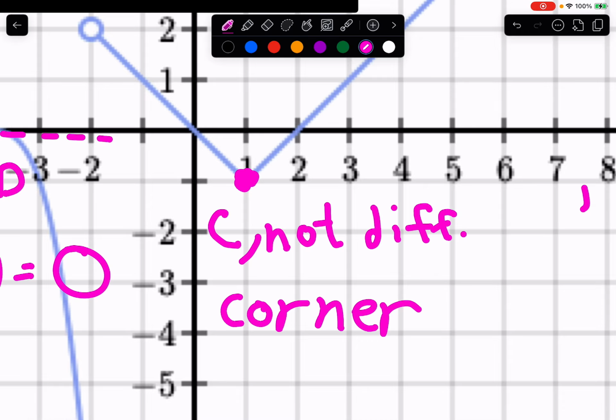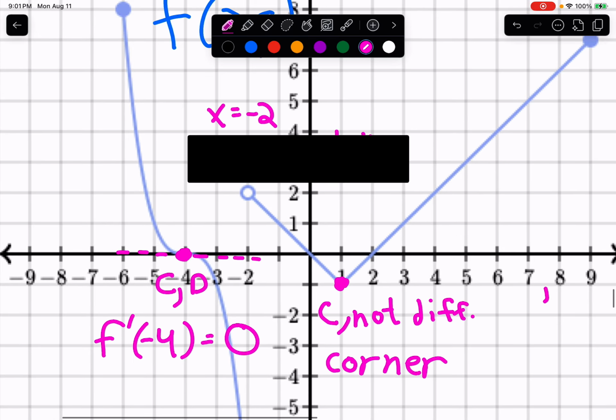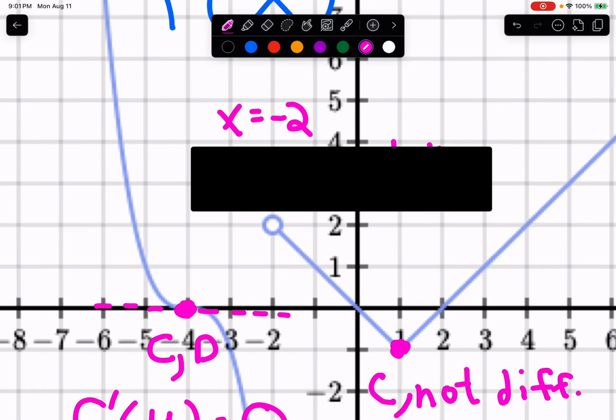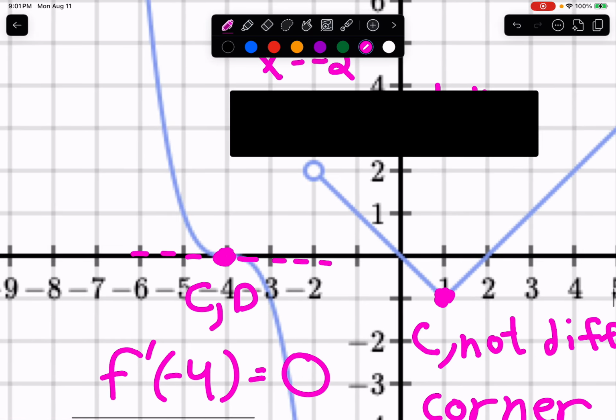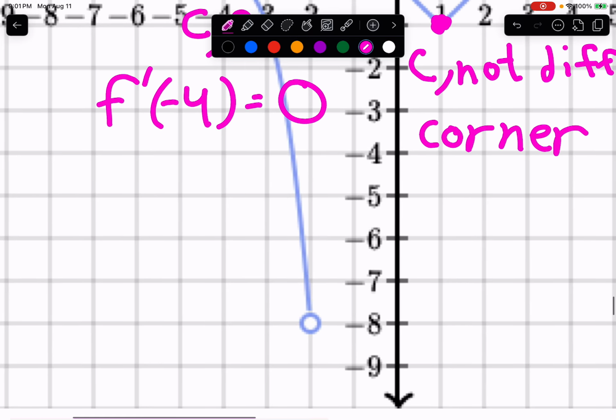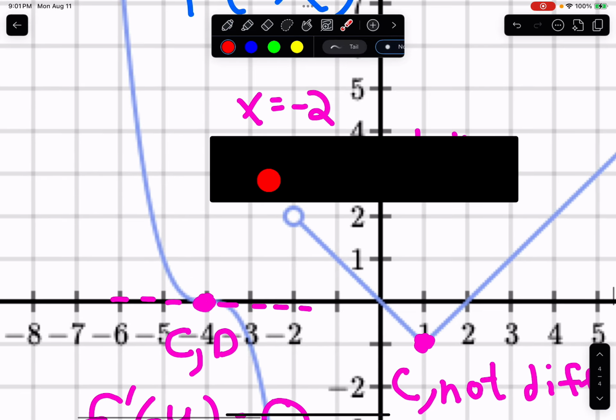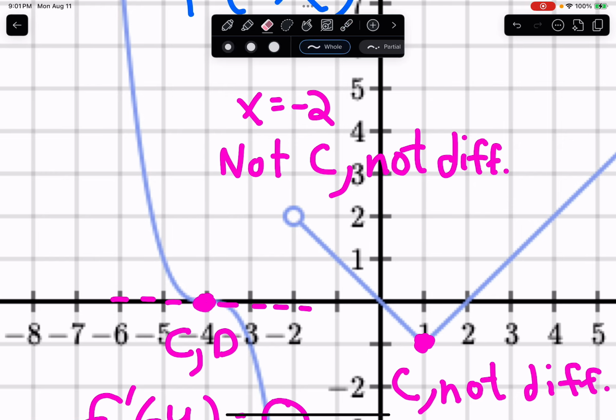And then the last big one is discontinuity. If you look at this graph at x equals -2, from the left we're going all the way down to negative 8, and from the right we're going up to positive 2. So this is not continuous at negative 2, and therefore not differentiable at negative 2.